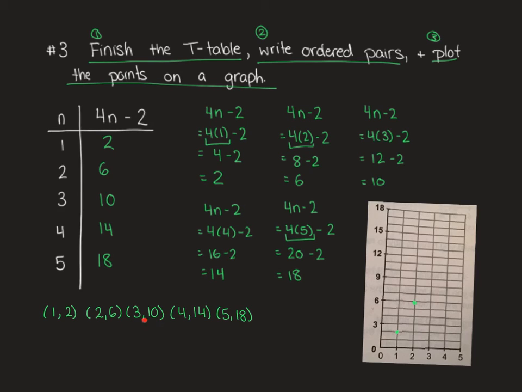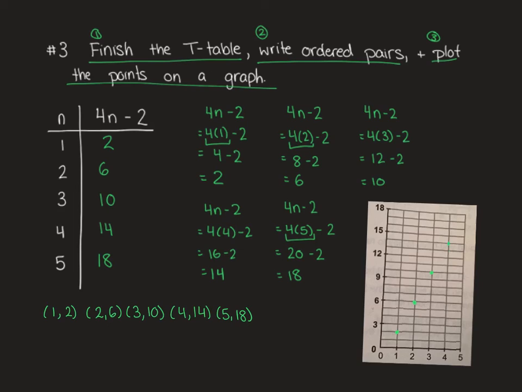3 and 10, so 3 is x, y is 10, that's just going to be 1 above 9. So we will plot our point there. 4 and 14, it's going to be 1 below 15.